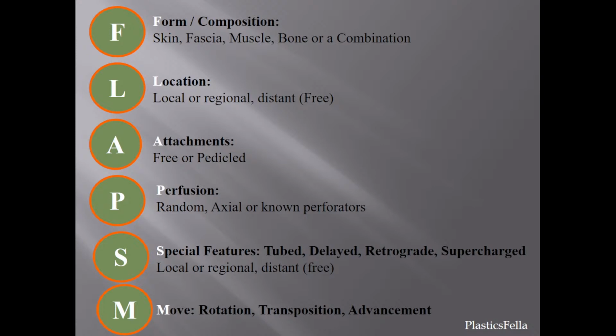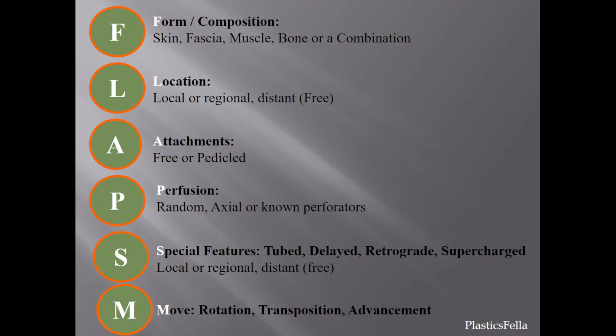And let's look at this slide. According to this mnemonic classification of different types of flaps, you can see that F is the form or composition of the flap. It can be a skin flap, fascia, muscle, bone, or a combination of these tissues, and I'll explain about it a little bit later, and I'll show you photos of these different flaps.